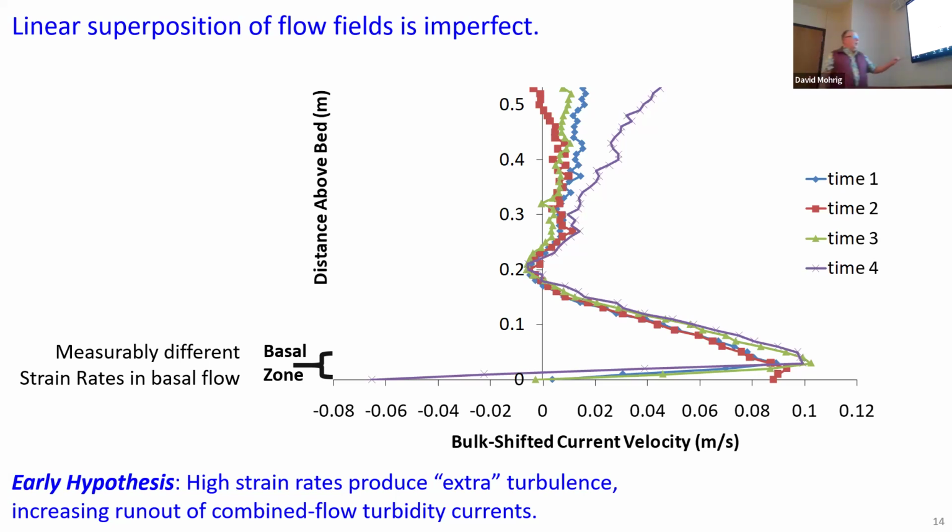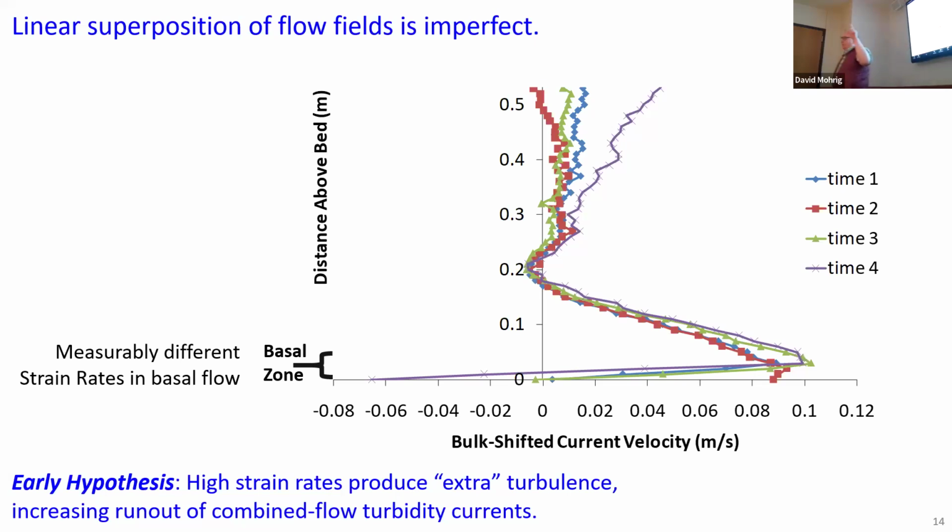But if you care about moving sediment around, you really just care about what's happening down near the bed. And you can see down near the bed that there's wildly different amounts of shear associated with the velocity gradient. In some cases, a lot of shear, in some cases, less shear. And so that gives you different strain rates down there.